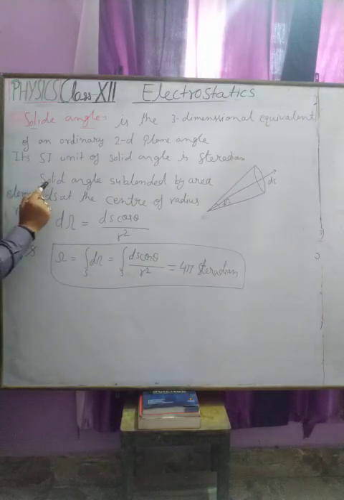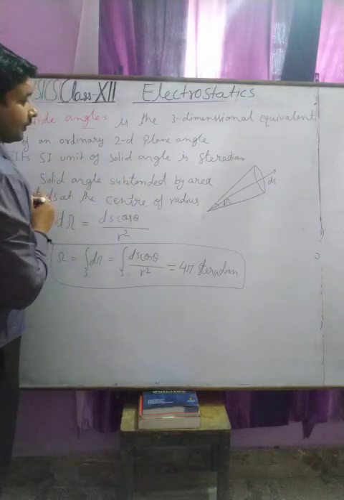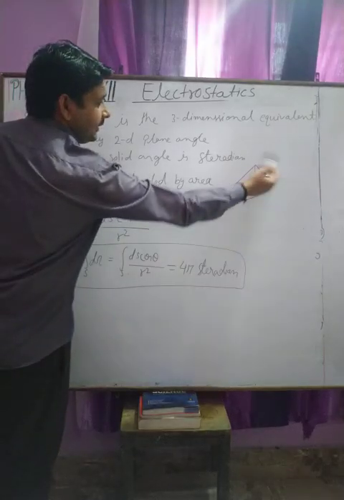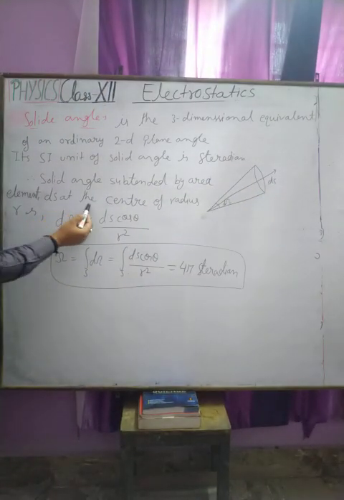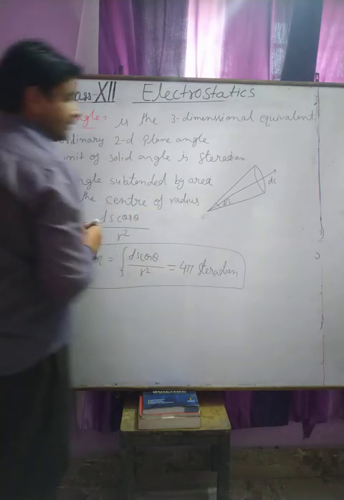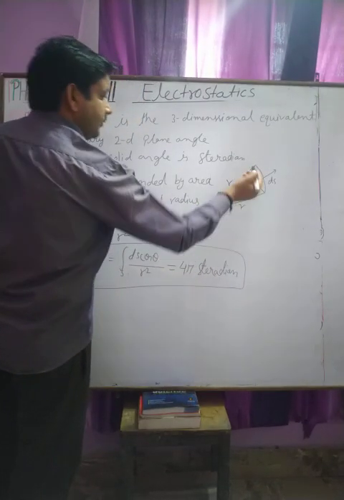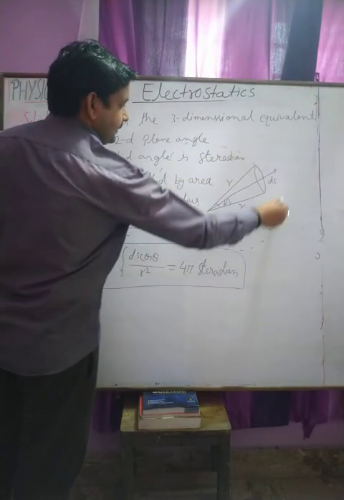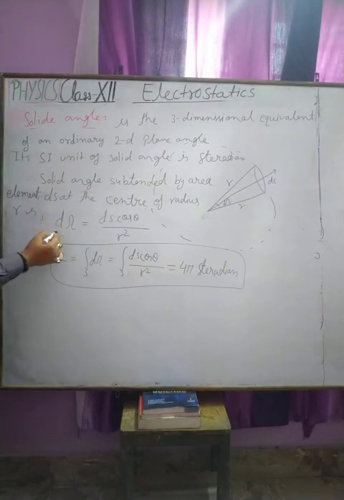Now, solid angle subtended by area element ds at the center of radius r. Suppose this is radius r of the figure, which we can assume like this.